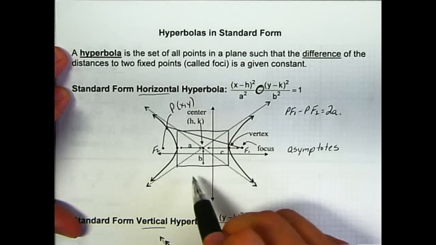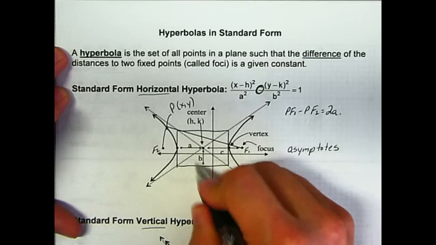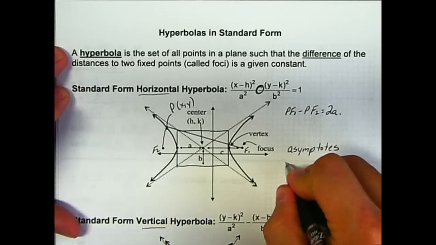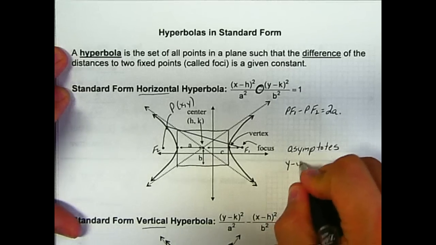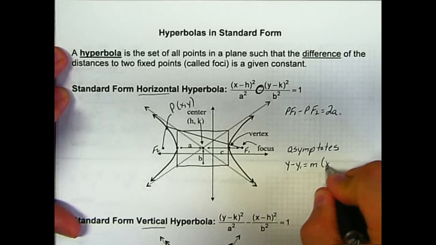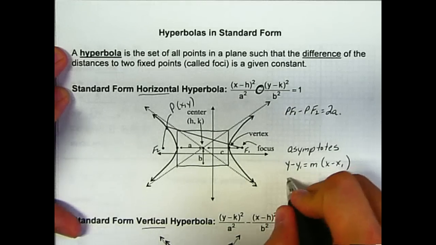So really, if you look at your hyperbola, we can get at least an equation. Our asymptotes are going to be the equation of a line, and I'm going to choose point slope form to fill in. We already know a point in our center, so we can refine our formula a little bit.